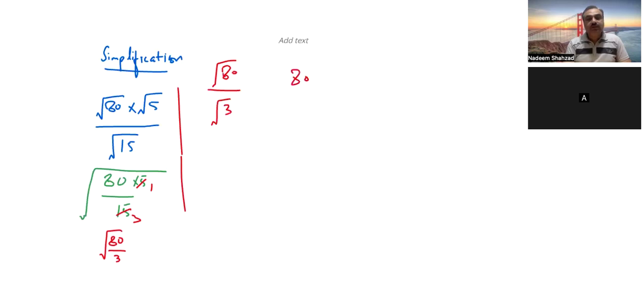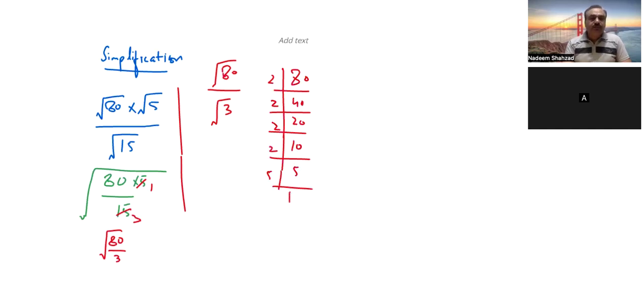So just make the factors of 80. Factors are 2 40 times, 2 20 times, 2 10 times, 2 5 times, and then 5 1 times.